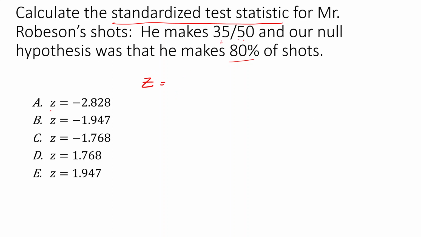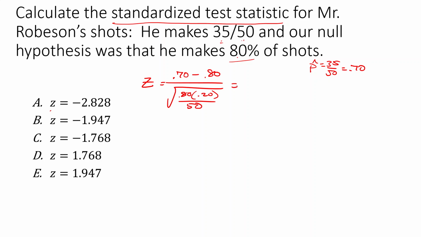So let's see, 35 out of 50 is 70%. So it's going to be 0.70 minus this p naught, which is 0.80, over the square root of 0.80 times 1 minus 0.80, which is 0.20, over 50. And we're just throwing that into our calculator.